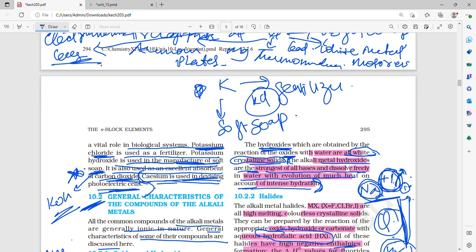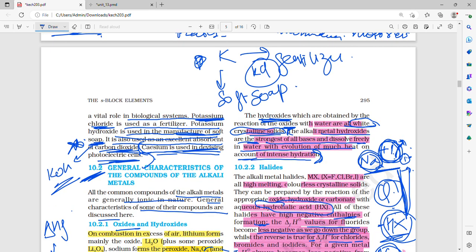Potassium has a vital role in our biological system. Potassium chloride is used as a fertilizer. Then potassium hydroxide is used in the manufacture of soft soap, and it is also an excellent absorbent of carbon dioxide.